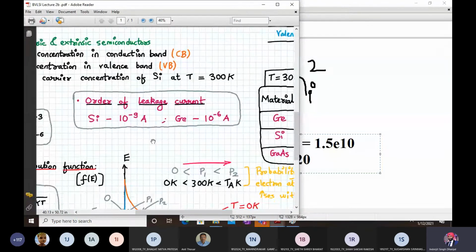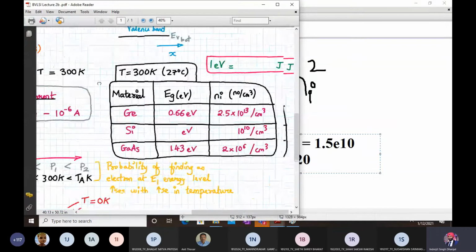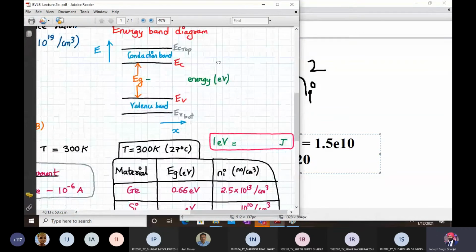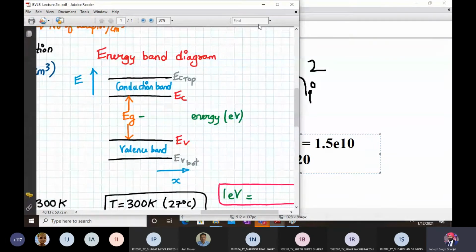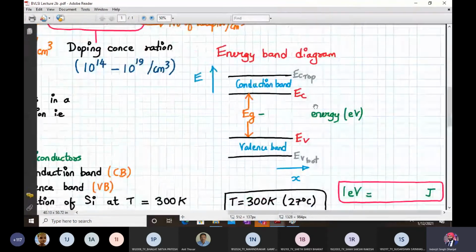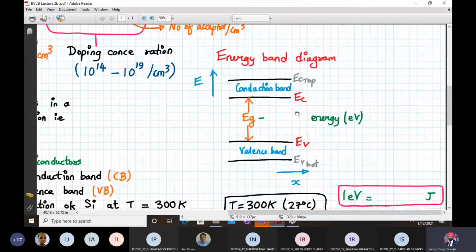Now, let us see a few more things. Do you see this energy band diagram? I guess you might not have seen this for the first time. In this energy band diagram, if we are not going into so much detail, we have your conduction band.